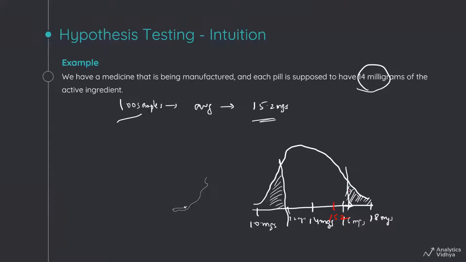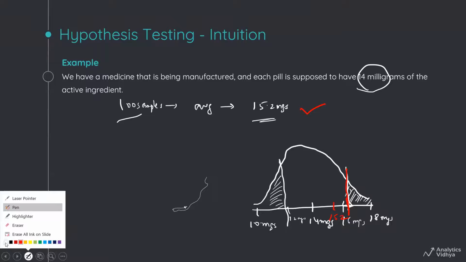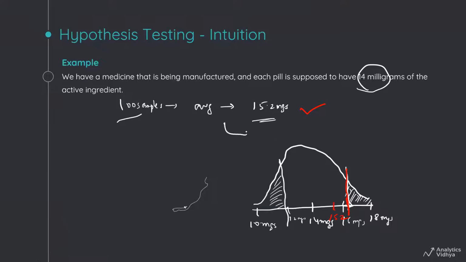Since this 15.2 milligrams is within the acceptable region, you are still okay to go ahead with your manufacturing line. There's no problem. But what if after you collected the samples, instead of 15.2, your average value has turned out to be 17.6 milligrams, which is somewhere here.